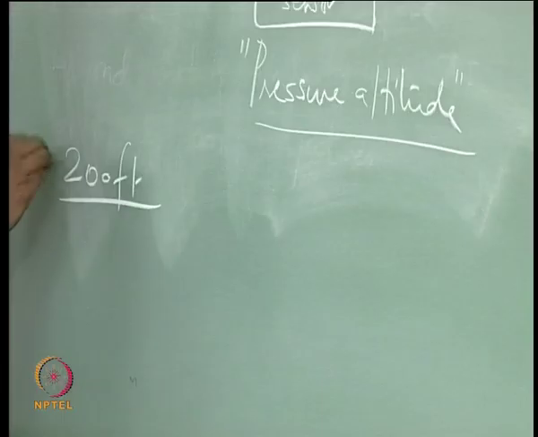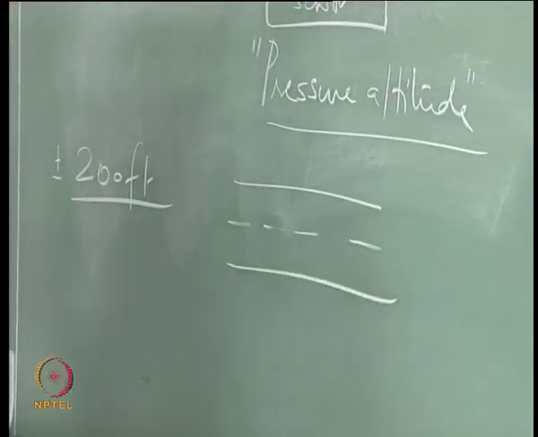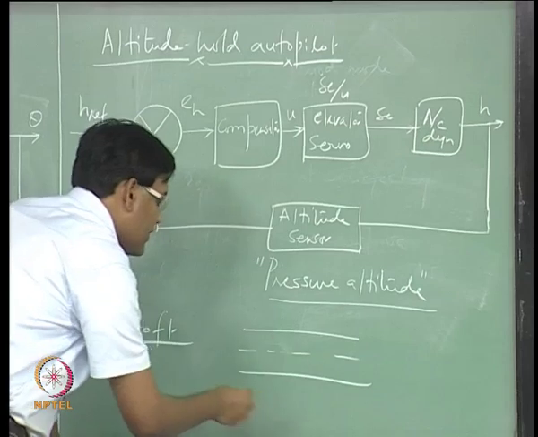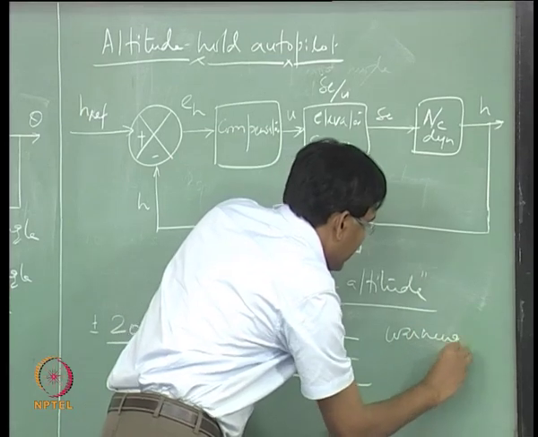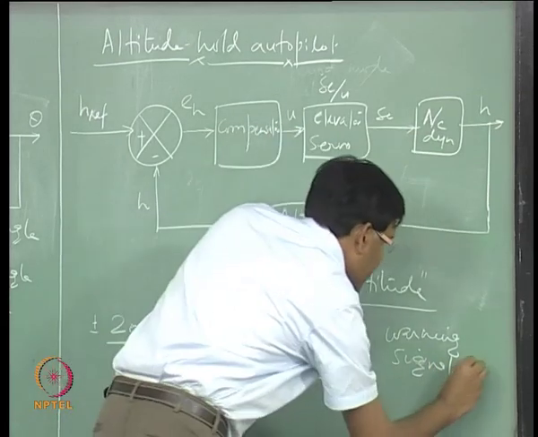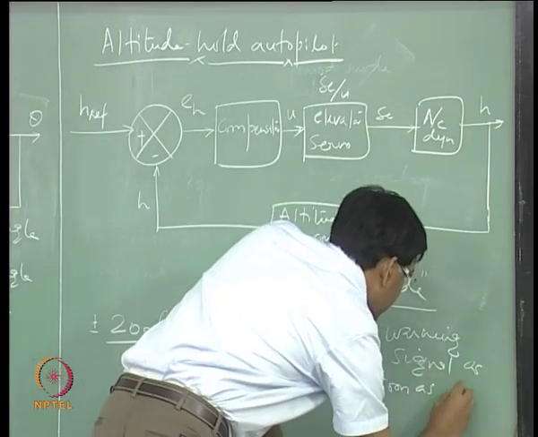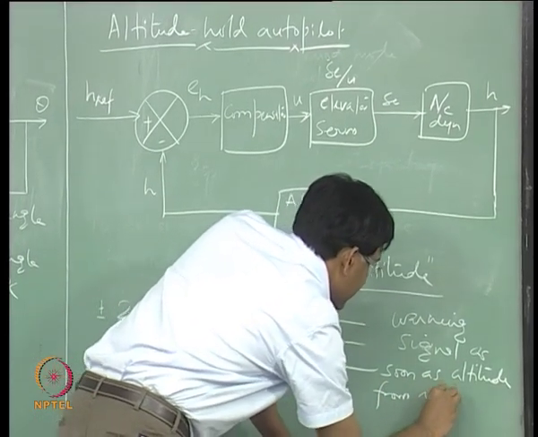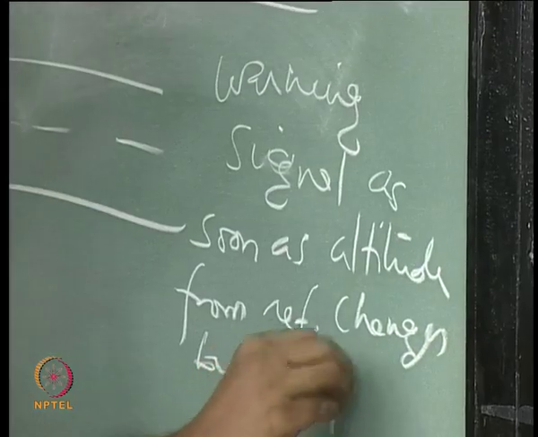So, it keeps the aircraft within this plus minus 200 feet, and actually it starts giving a warning signal as soon as altitude from reference changes by plus minus 100 feet.